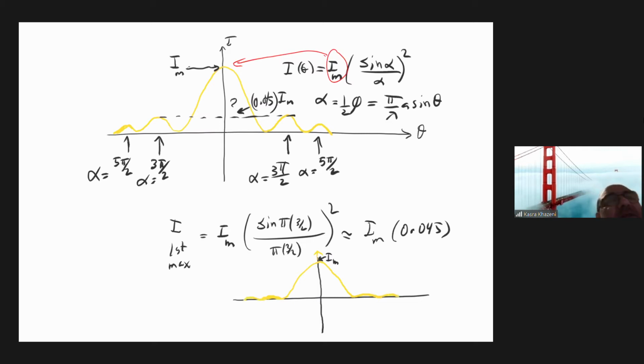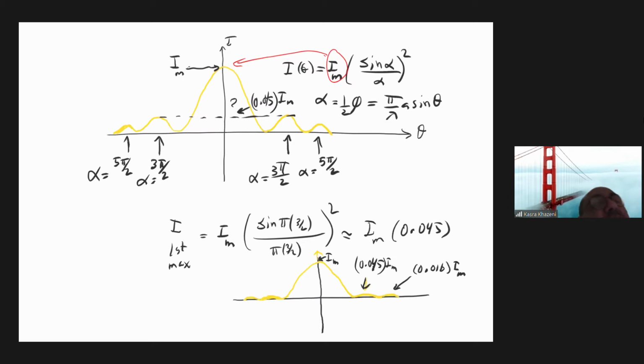And you can calculate the other one. So this one is at Im, this is at 4.5% of Im, and you can calculate the next one. When you calculate this next one, it is 0.016 of Im. So you can see how hugely suppressed these other maxima are.